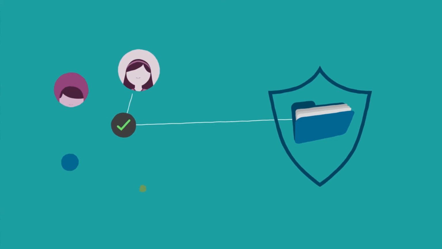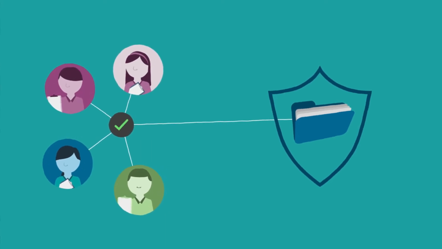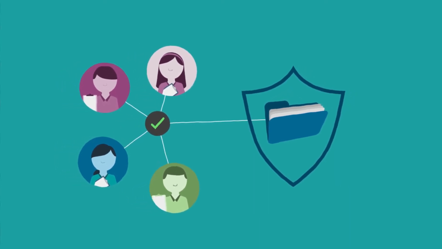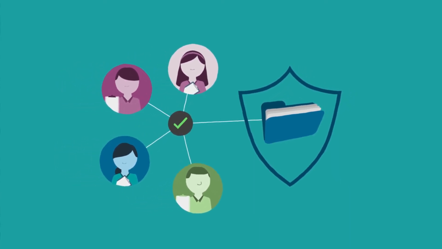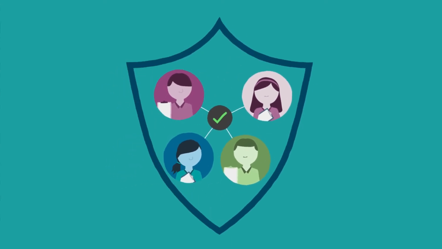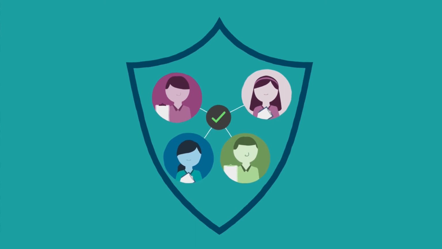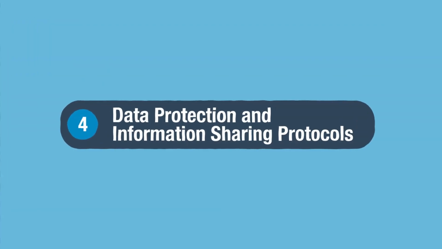A DPIA is a consultative interagency process which builds recommendations around avoiding, minimizing, or mitigating risks associated with collecting, storing, analyzing, and sharing personal data.